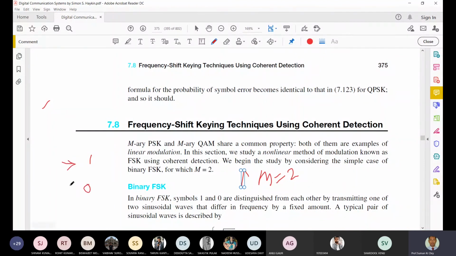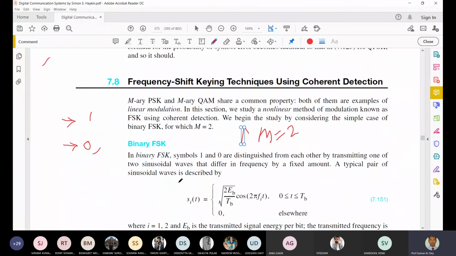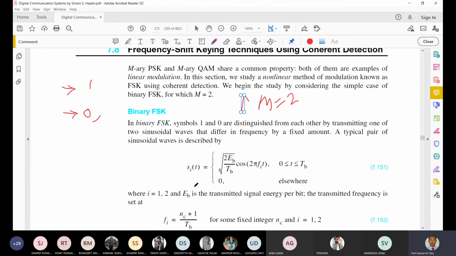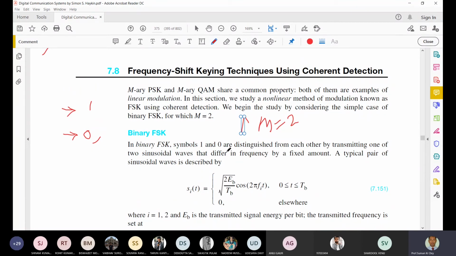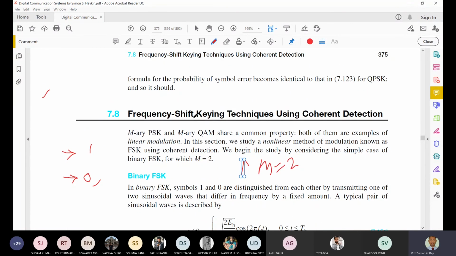Two symbols will be there, one symbol equal to 1, another symbol equal to 0, in any binary FSK, PSK or ASK. We can use this formula to represent the FSK. What is the basic phenomenon for FSK modulation techniques? We use different frequencies for two different symbols.